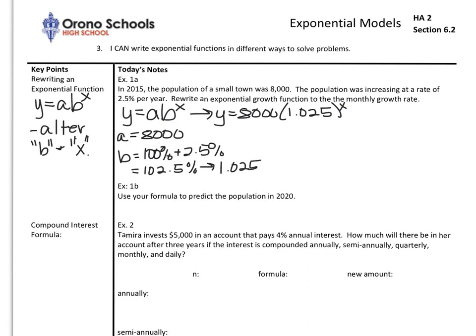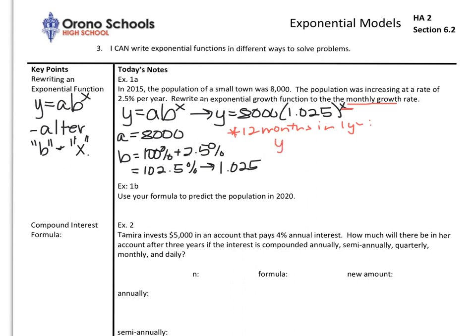So here's where the change comes in. If we want to convert this formula and model the monthly growth rate, how many months are there in a year? There are 12. 12 is going to be used in our formula. So 12 months in 1 year. What we'll do with that is alter our x value first.